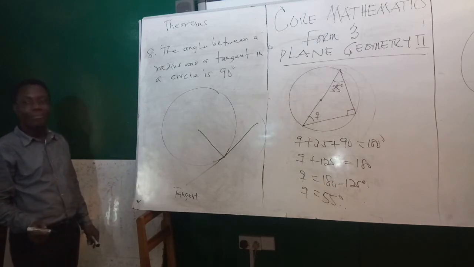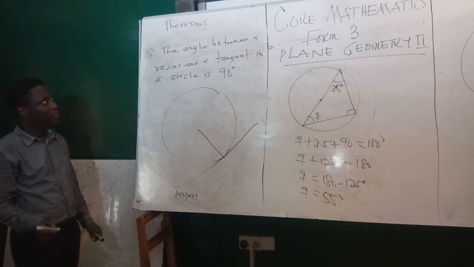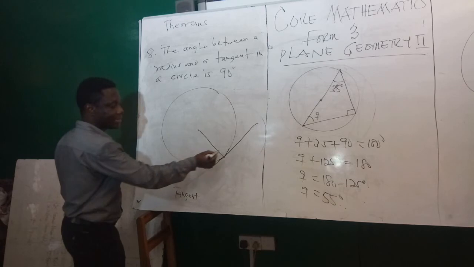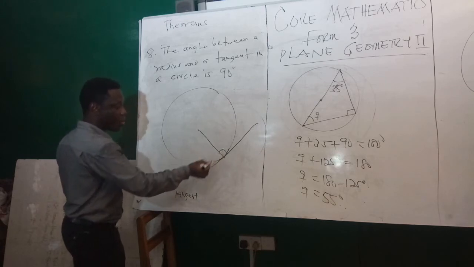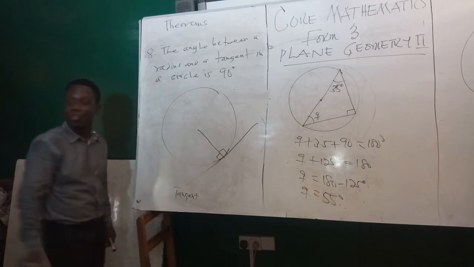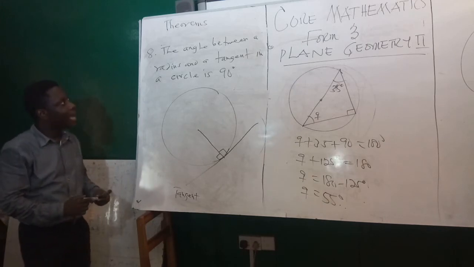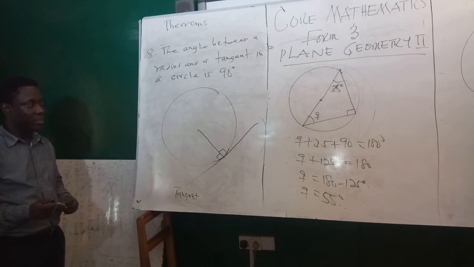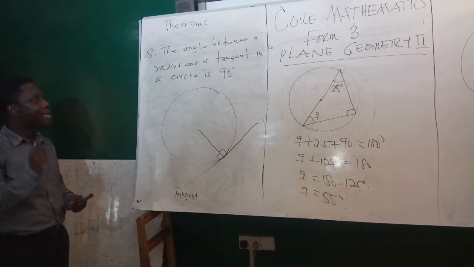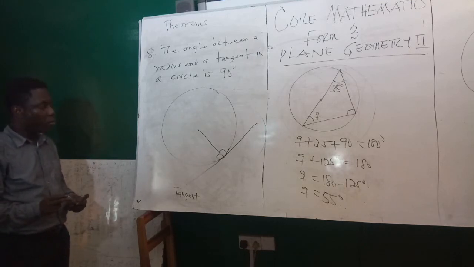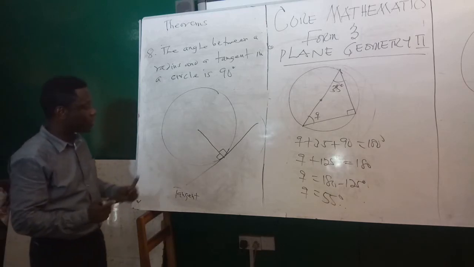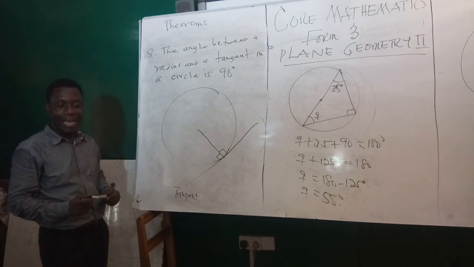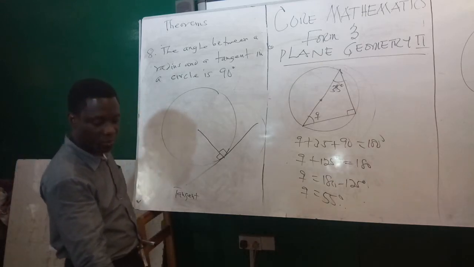If you have that, the angle between the two of them, whether on this side or that side, is always 90 degrees. The angle between the radius and the tangent in a circle is 90 degrees. That will be our 8th theorem. Very, very important. Please take note of this, because it is going to help us introduce another concept very soon.